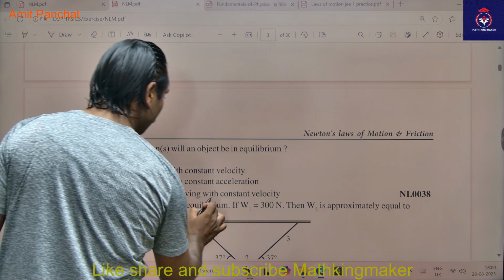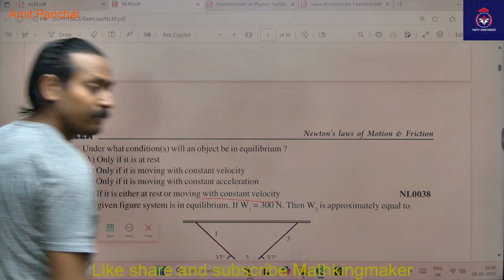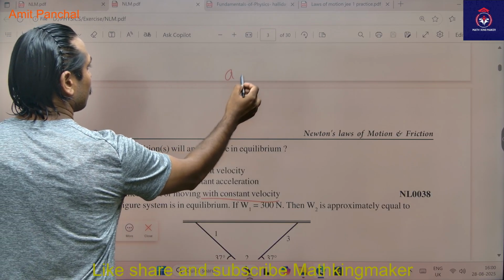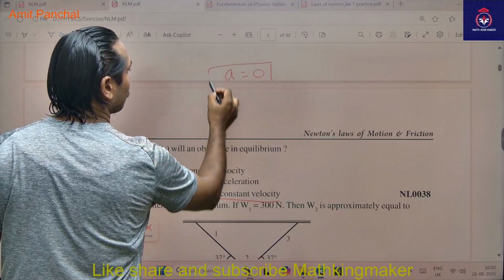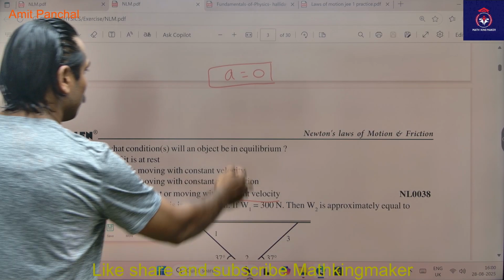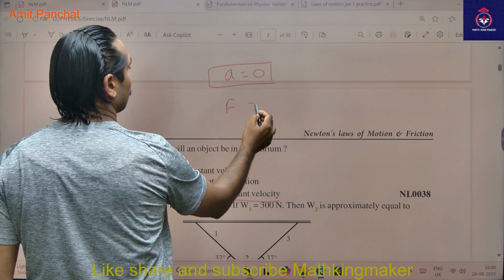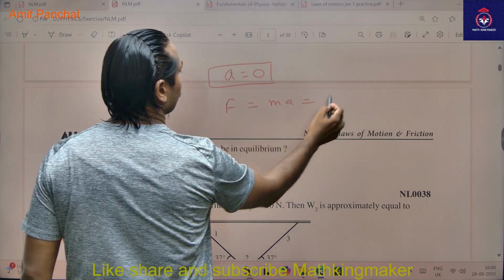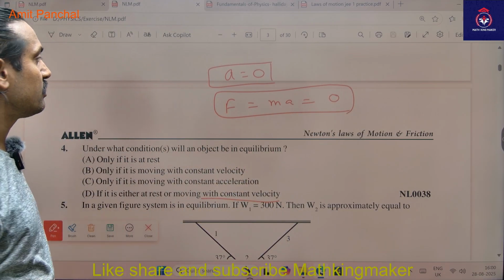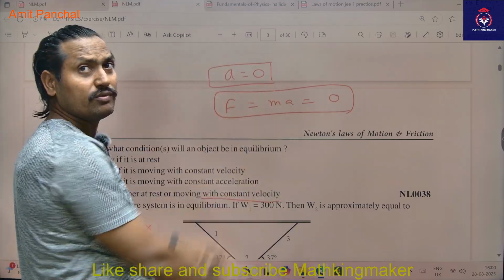But it is moving with a constant velocity. If it is moving with a constant velocity, its acceleration is going to be 0. So if its acceleration is 0, how much is the force? 0. So we say the body is in equilibrium once the net force is 0.